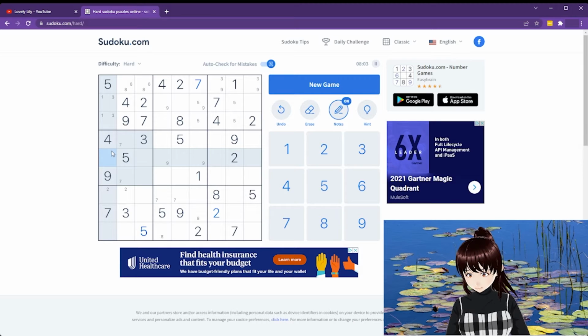So those would be 2, and look at this. Because of the fact that 2 can only be here, then that's a 2. And then this becomes a pair. So that would be 5.